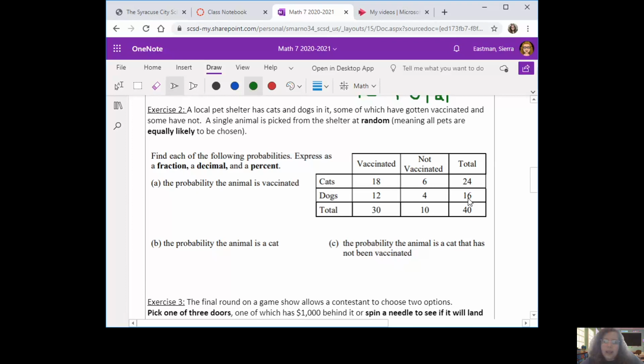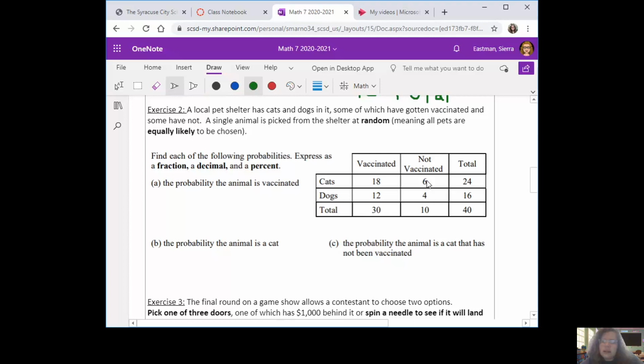If you don't care what animal it is, you just want to see how many are vaccinated, then you look at this column. 18 cats are vaccinated, 12 dogs are vaccinated, 30 total animals, you don't care what they are, vaccinated. Or if you want just the animals that are not vaccinated, you're going to look at this column.